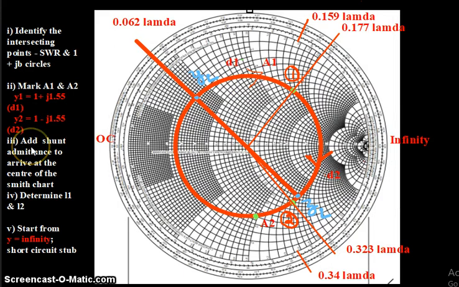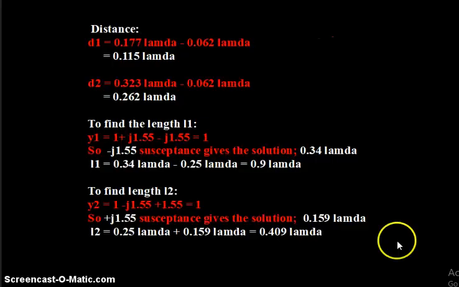Now, the next point is to add shunt admittance to arrive at the center of the Smith chart. That is, add susceptance to arrive at the center of the Smith chart. It may be either plus j 1.55 or minus j 1.55.